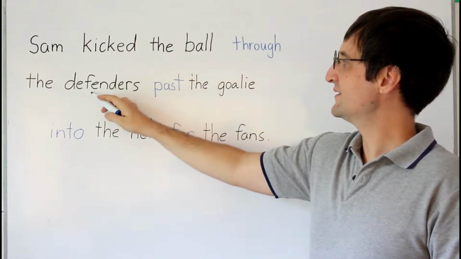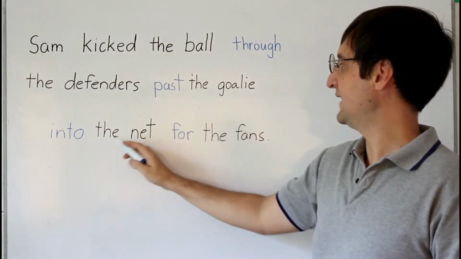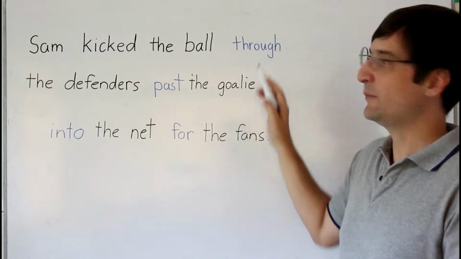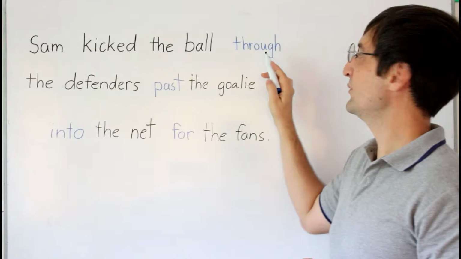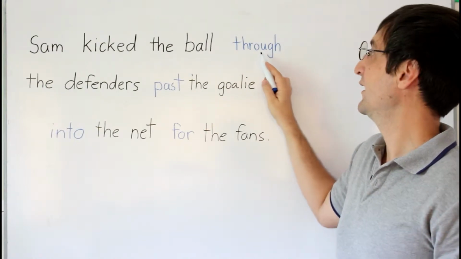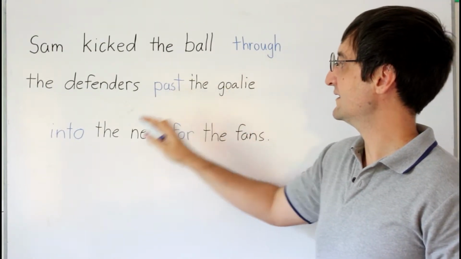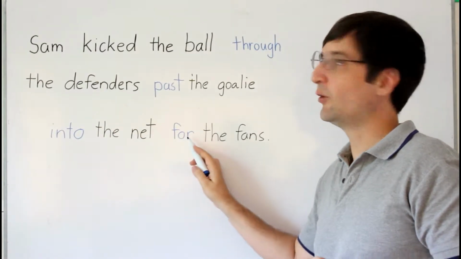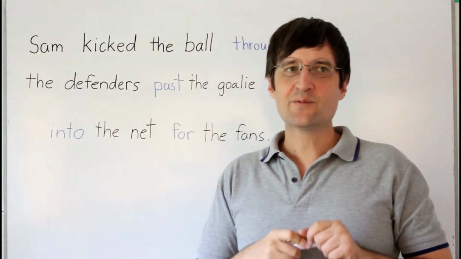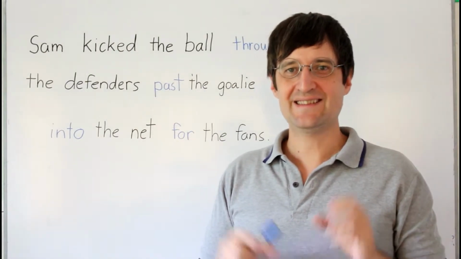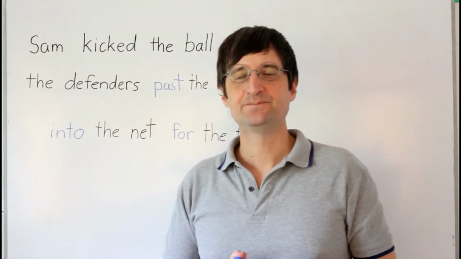These other nouns, the defenders, the goalie, the net, and the fans, are being stuck in the sentence through these prepositions: through, past, into, for. So that's what they do in a sentence. They stick nouns in a sentence.